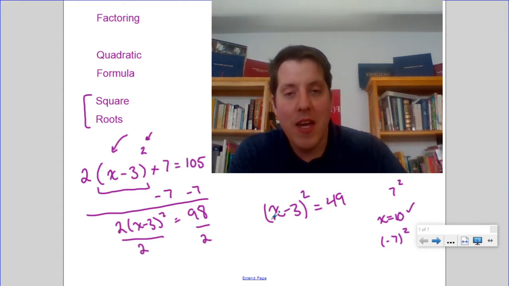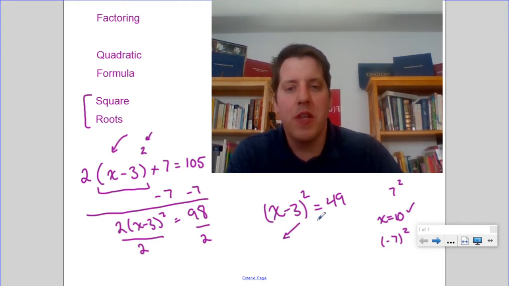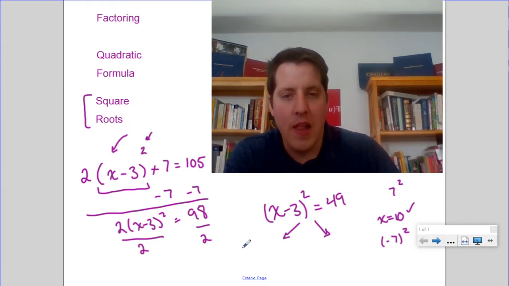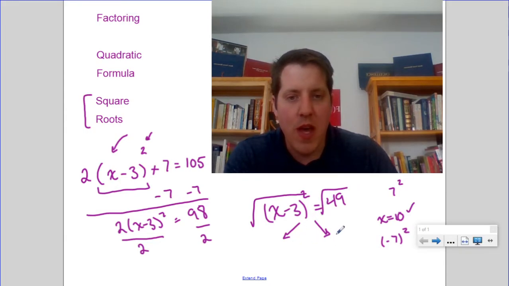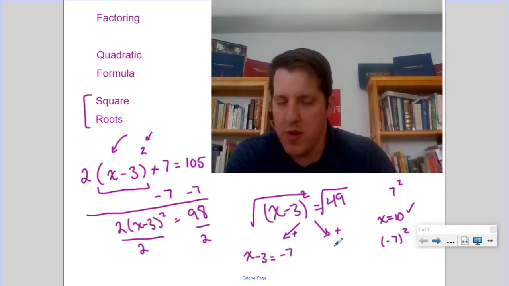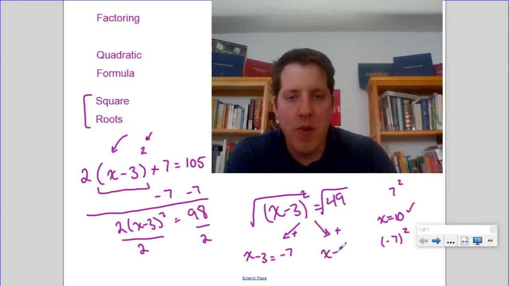Well, the way that I like to think about it is I like to think about splitting it into two equations. I like to think of saying, I'd really like to take the square root here. I know that square rooting gives me a plus and a minus. So I could have either x minus 3 equals negative 7, which is the square root of 49, or x minus 3 equals positive 7.